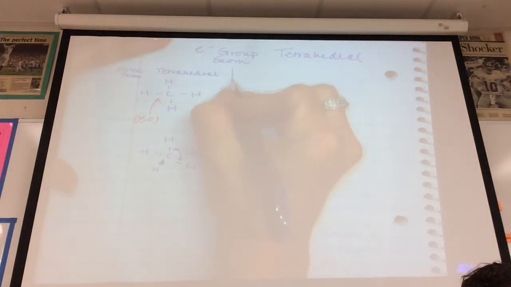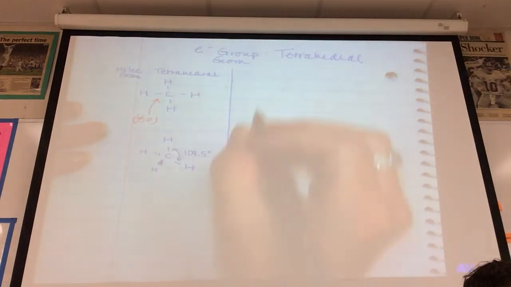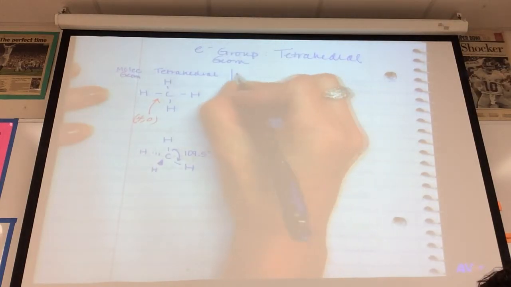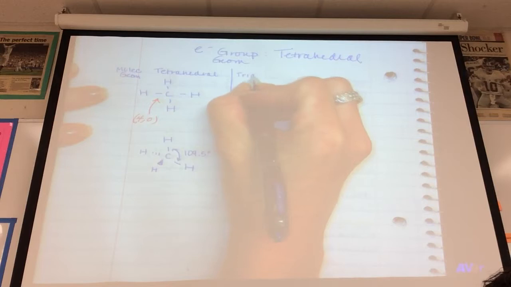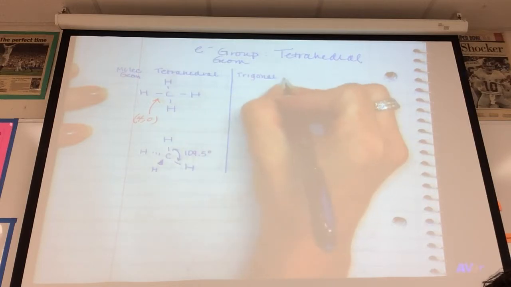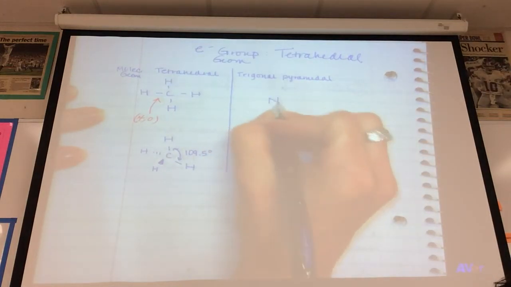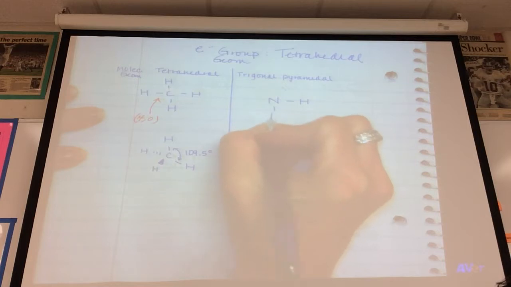Now, if you have a 3-1, your molecular geometry, and this you would have seen last year, is trigonal pyramidal. And a good example here is ammonia. I'm going to draw it flat.